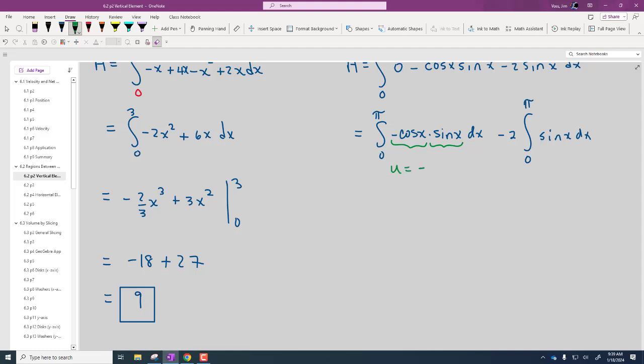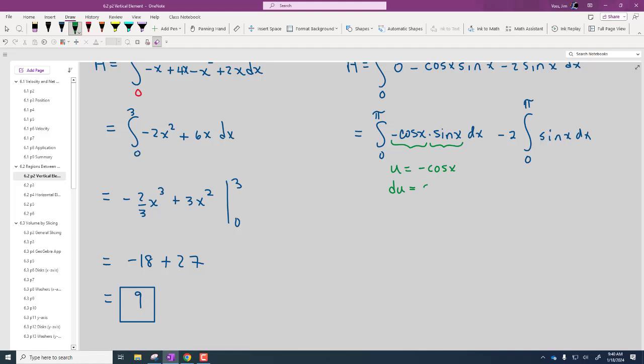Let's let u be negative cosine. That is totally fine. So there's actually a few choices. You could do u equals sine, u equals cosine, u equals negative sine, u equals negative cosine. You have 4 choices. If we did do this choice, this is actually a really good choice because now we take the derivative of both sides. The derivative of cosine is negative sine, and then we multiply by negative 1.